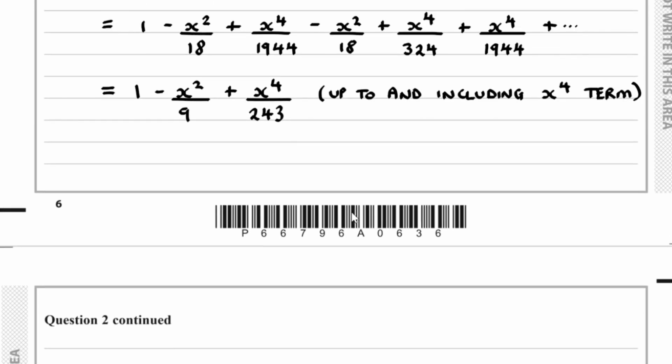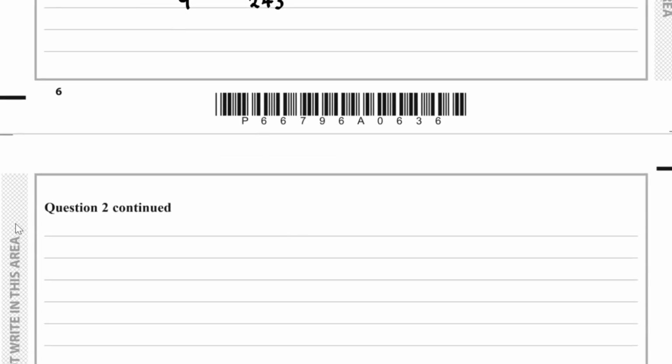So for part B of the question, we've got the integral from pi over 6 to pi over 2 of 1 over x times cos squared of x over 3 dx.